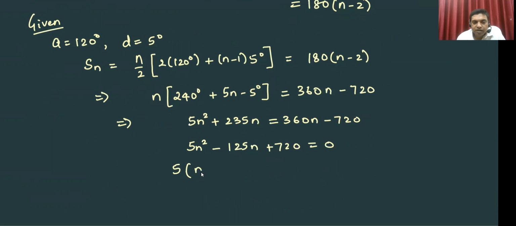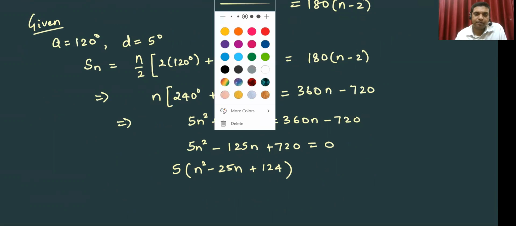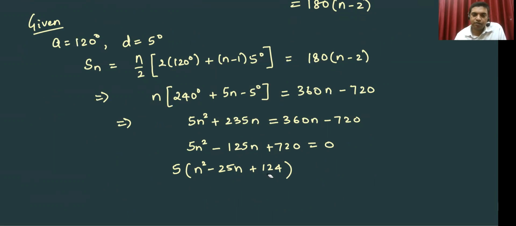Taking 5 common, n square minus 25n plus 144. Correct, 144.